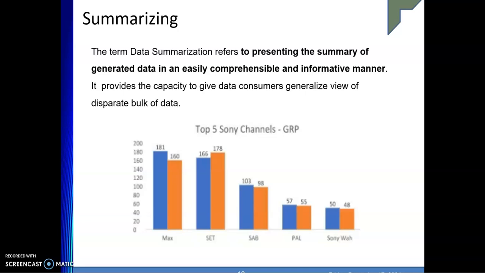So the top five, like Sony Challenge, Max, SAT, SAP, Sony Watch, and all this. So you can easily see this data, and we can easily understand. Okay, so if I take, say for example, on the left hand side, I'm talking about the viewers.